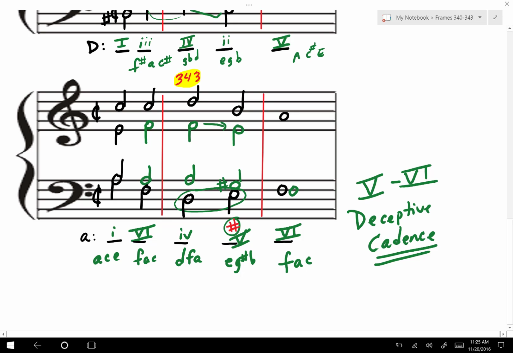Now we'll need to add in the fifth, which could be supplied by the altos. We cannot double the root in this case. The tenors are not allowed to sing that F because of this G sharp. That would be an augmented second, so we can't have that. Which means, yes, we need to do an irregularity of doubling. Which means the tenors will sing the third, and the third is doubled.